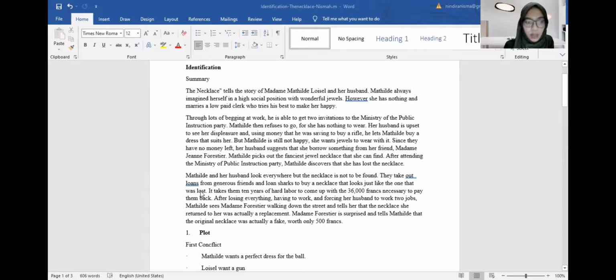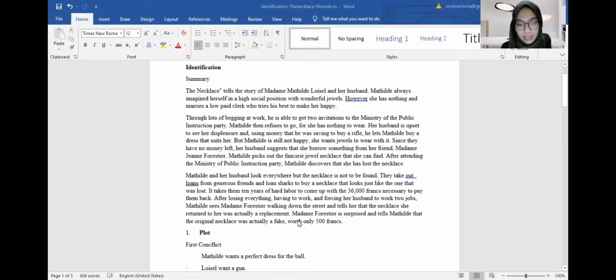They take up loans from a generous friend and a loan shark to buy a necklace that looks just like the one that was lost. It takes them 10 years of hard labor to buy the new jewel. After losing everything, they have to work, forcing her husband to work 2 jobs.